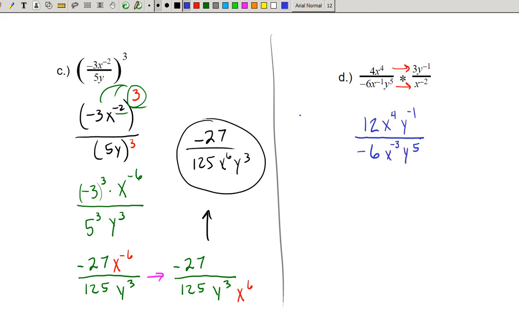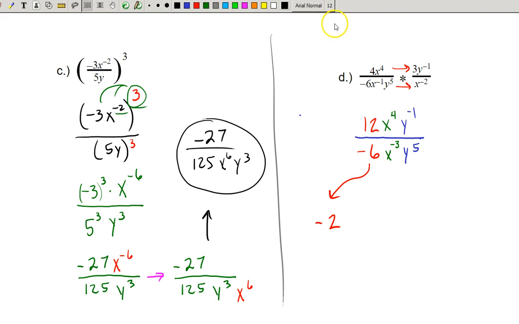Now I'm at this stage where I have one fraction, and I'm going to go ahead and treat these as separate problems here. So I'm going to have a 12 over negative 6. I'm going to take those numbers and just go ahead and simplify that. So I have 12 over negative 6, and those numbers I can evaluate. I know that's going to be negative 2. Then I'm going to take the x's in the middle here.